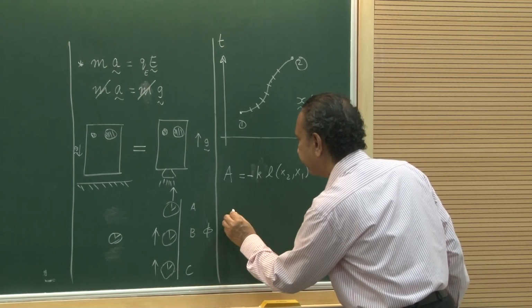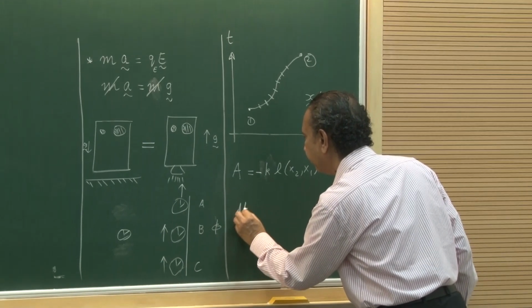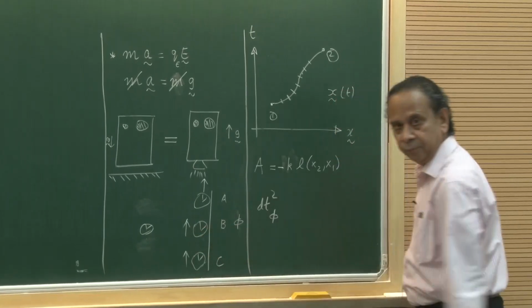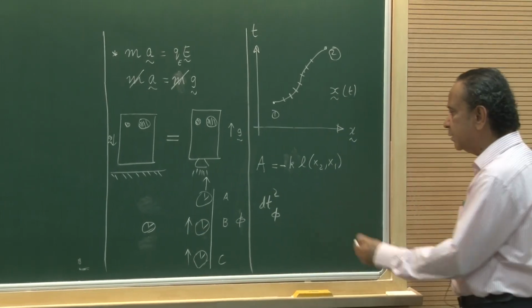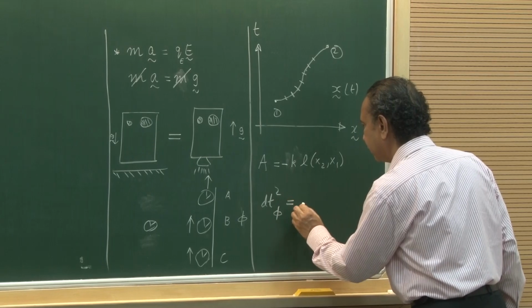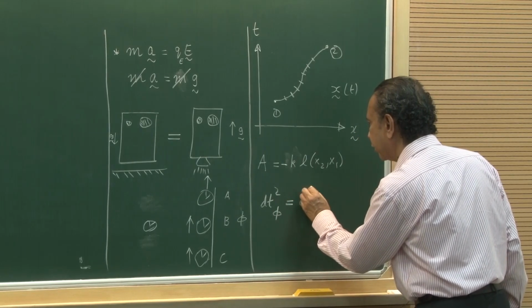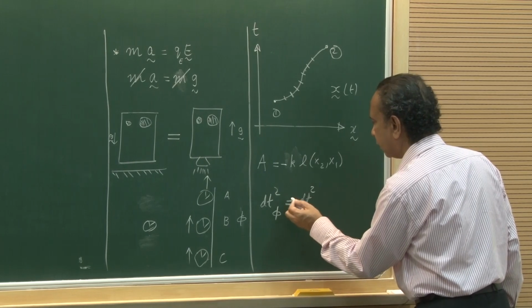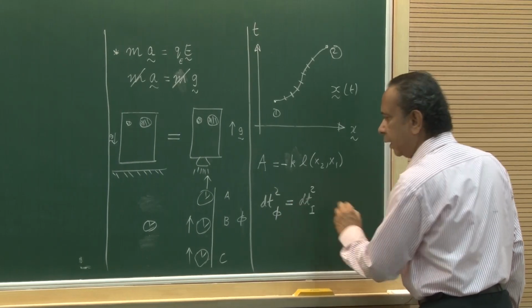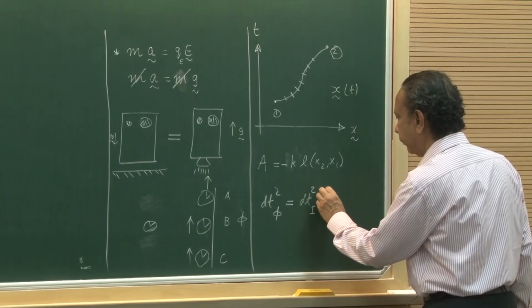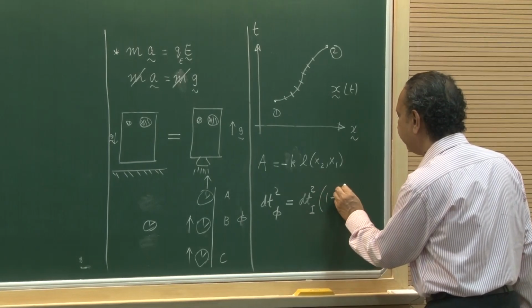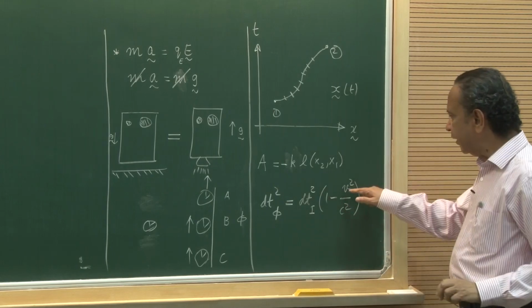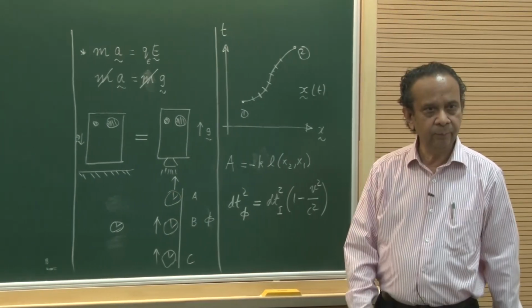See, the rate of a clock in the gravitational field phi, which is this clock, I know what it is because it is moving up with a velocity. So this is the rate which I am going to measure, which is, let me call it the freely falling or inertial clock, so I will put it I. This is the time I measure into 1 minus v square by c square, where v is the velocity with which it is moving up.